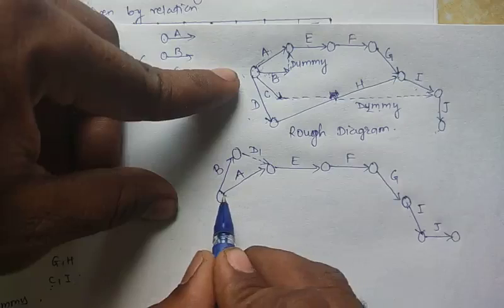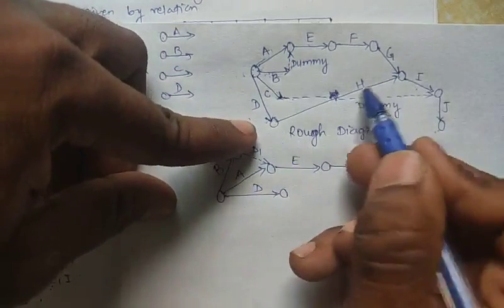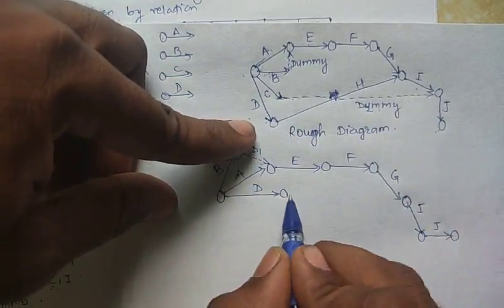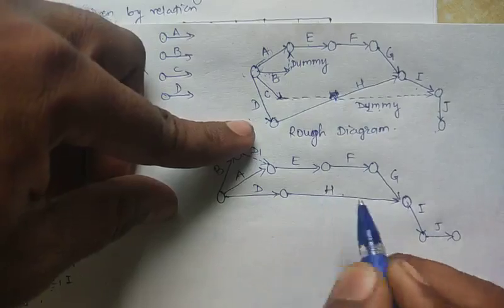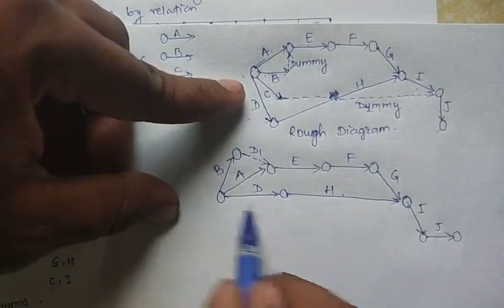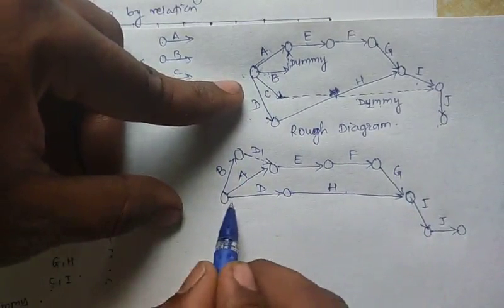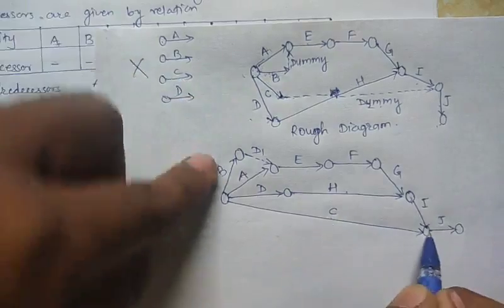So we get here this is D activity and D goes to H, and H goes to I. So D goes to H and H goes to I. And last, C directly goes to J. So I will write directly, this is C and C goes to J.